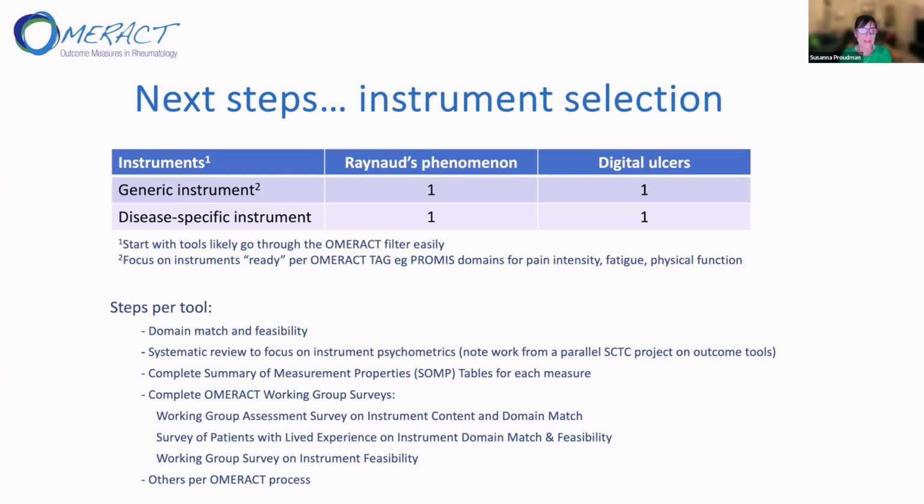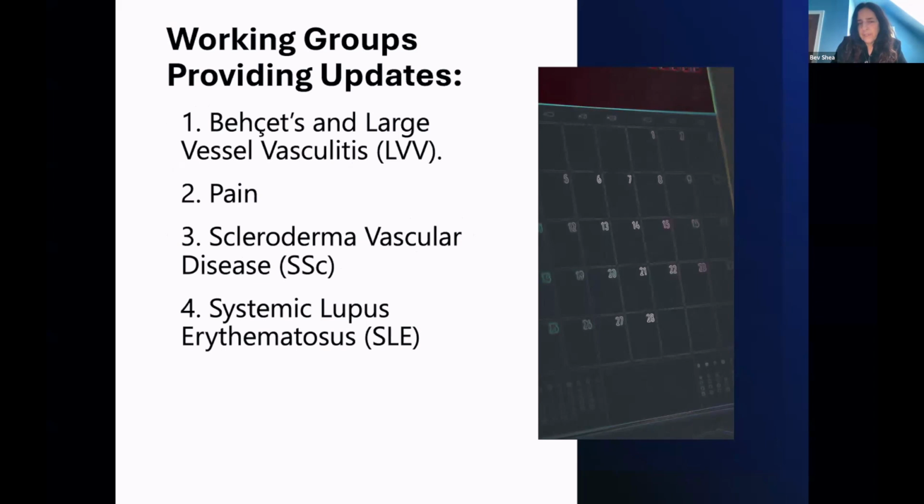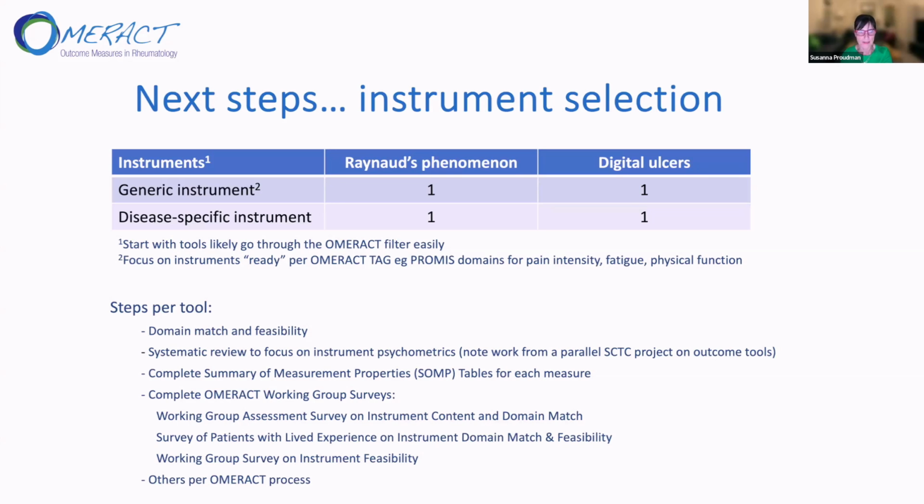And then we will have to start looking at some other domains for which there are not obvious instruments, or that we may need to look a little bit harder amongst the existing instruments to see what we can potentially bring through to run through the OMERACT filter, and whether we need to do any further original work to validate these measures in these two manifestations.